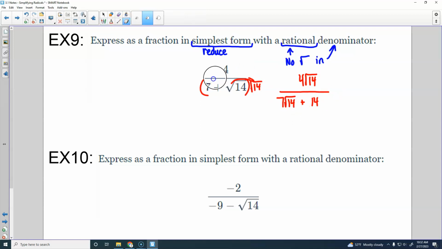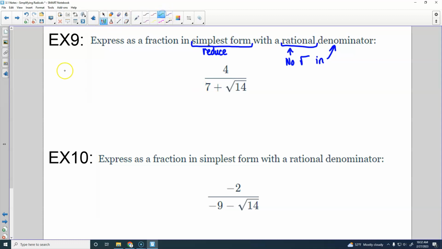So we're going to have to use a different strategy whenever we see that we have something plus a square root here. So what we're going to have to do is called multiply by the conjugate.